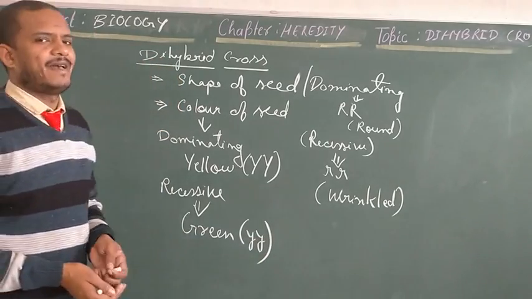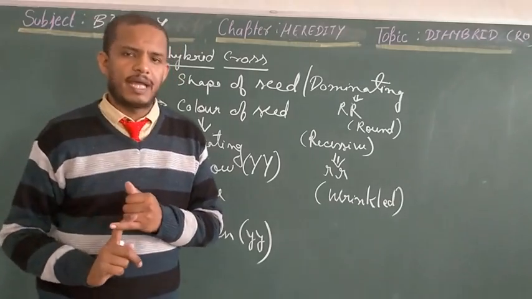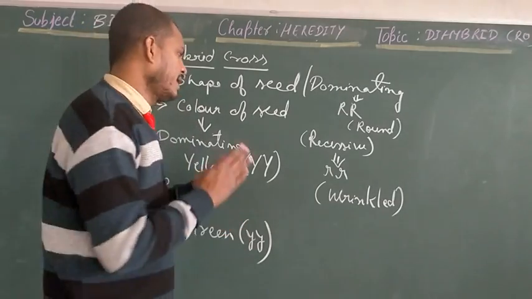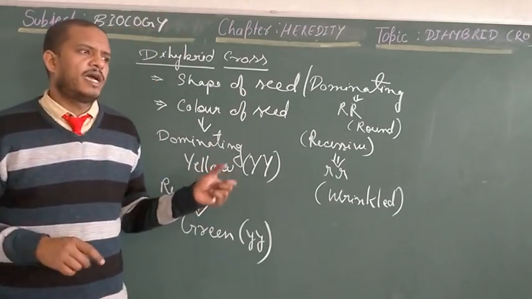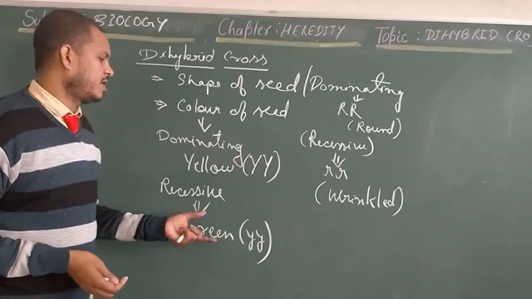You all know very well that dominant characters or traits are always expressed by capital letters, and recessive ones are represented by small letters.